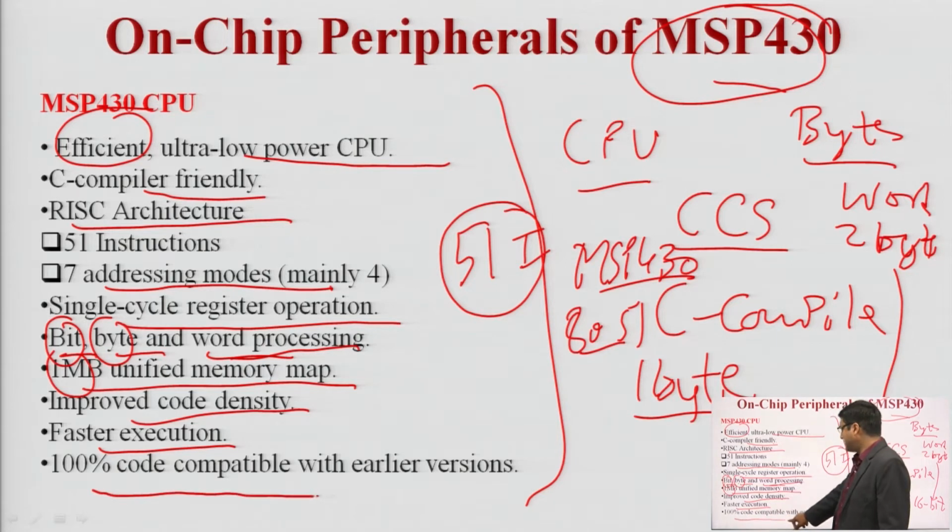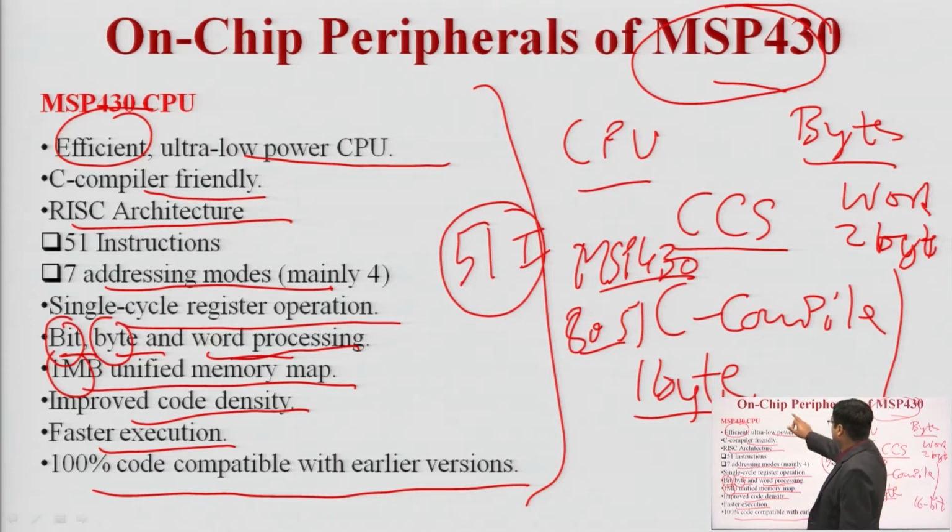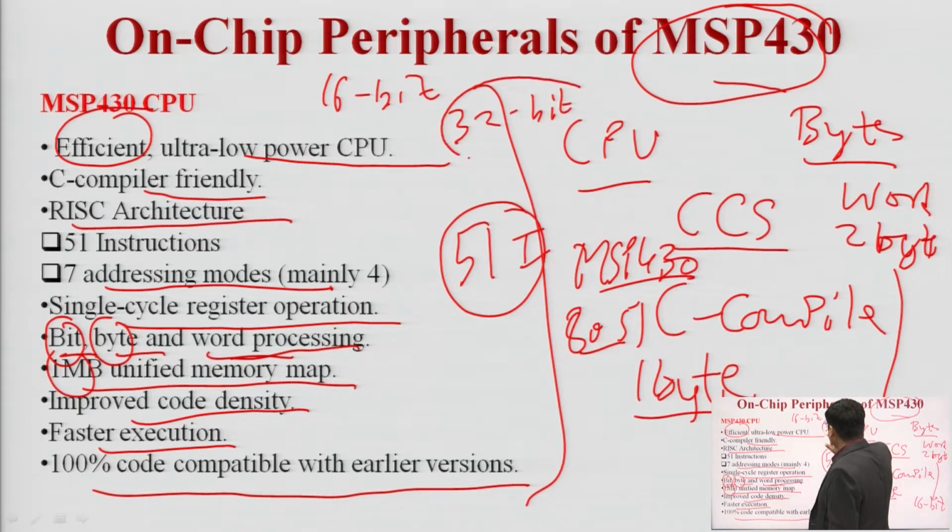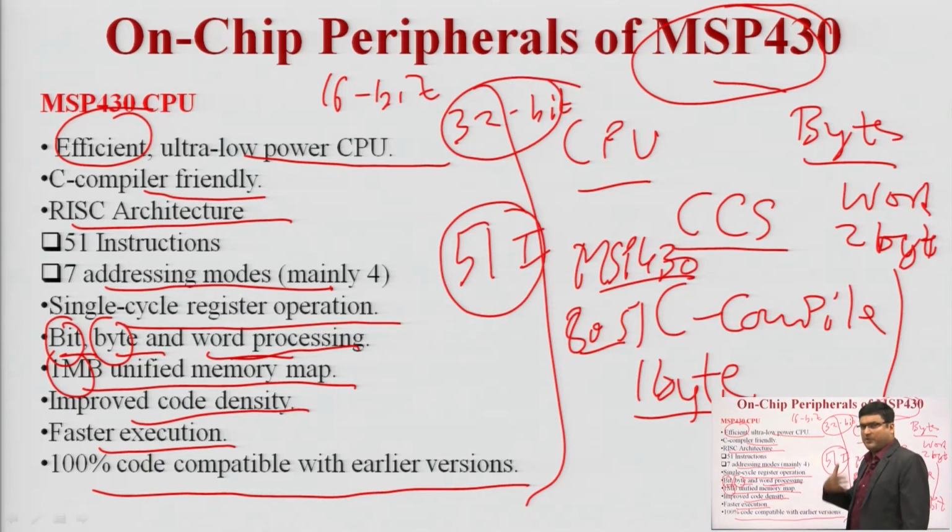It is 100% code compatible with earlier versions. What is the meaning of earlier versions? There may be a 16-bit microcontroller, or there may be a 32-bit microcontroller. Whatever versions and updated versions are available, if MSP 430 is available in a 32-bit package, before 32-bit there was a 16-bit processor.